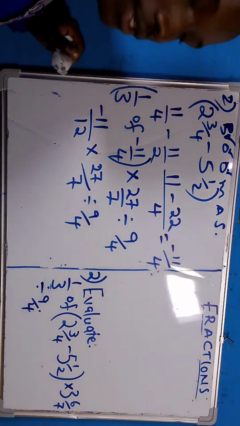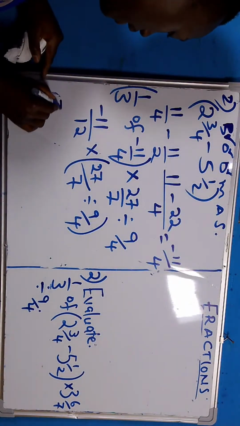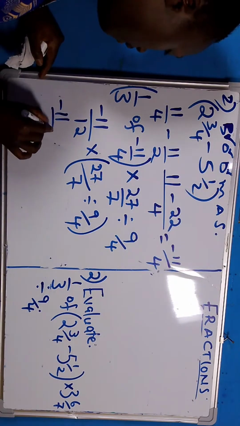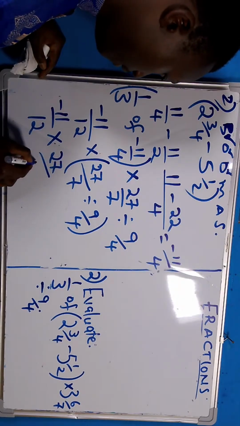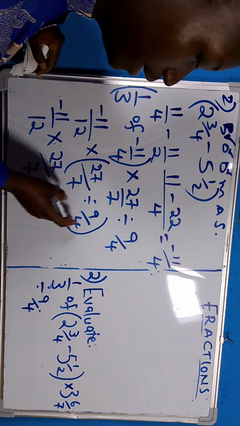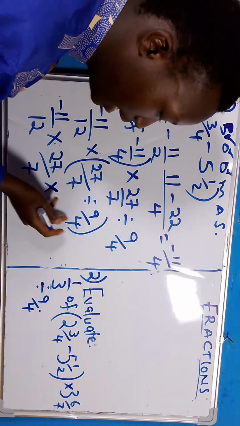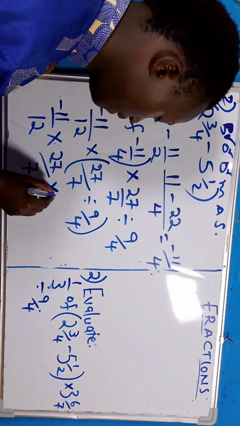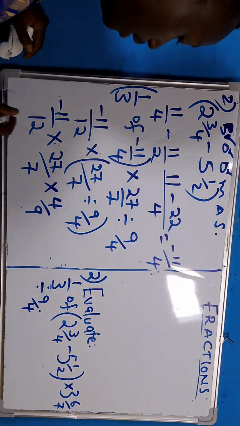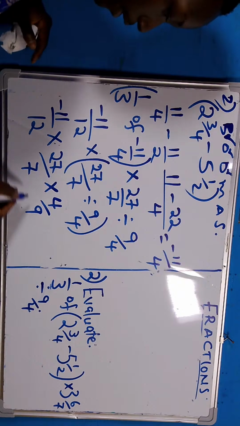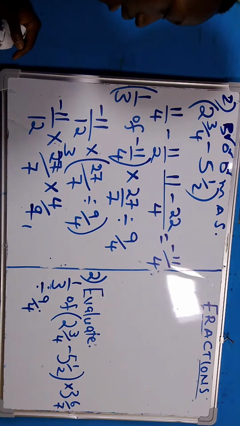When we go to division, we will take these two, and once we get the two, we'll have negative 11 over 12 multiplied by 27 over 7. Then we will change the sign from division to multiplication and take the reciprocal of 9 over 4, which is 4 over 9. And once we do that, we can now simplify by 9: 1 by 9, 3 by 9, 3.